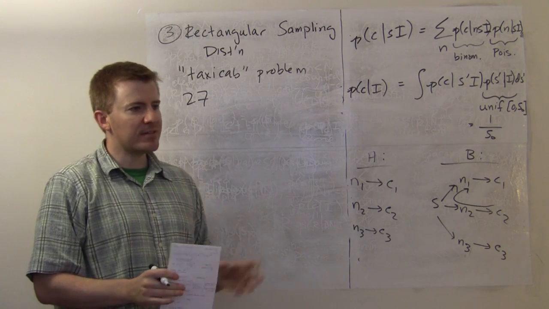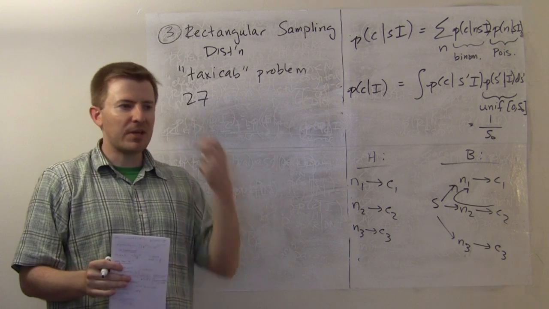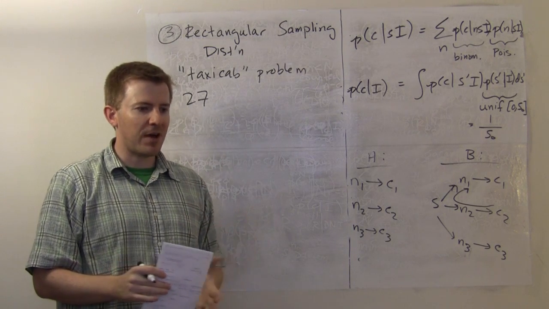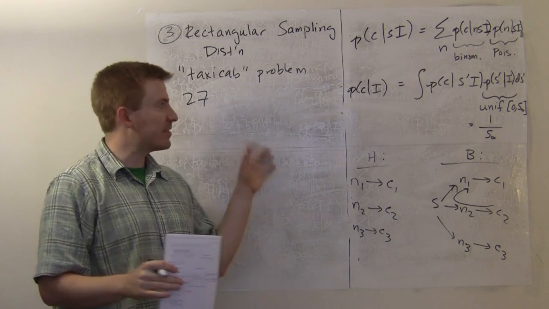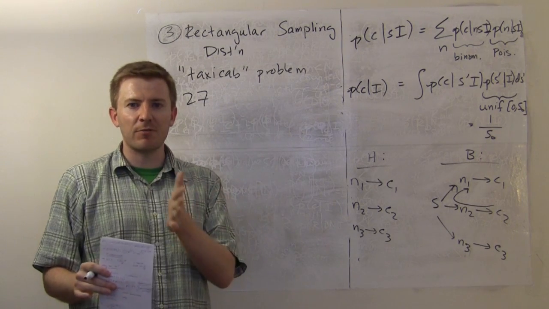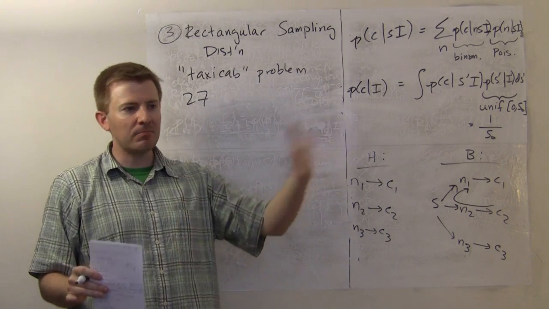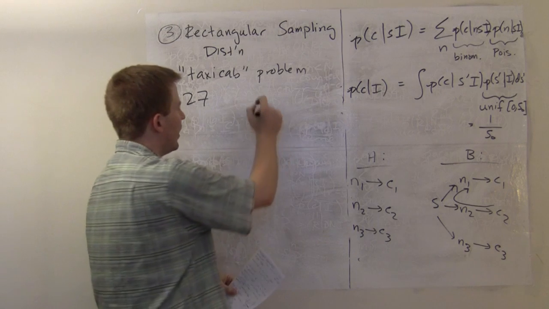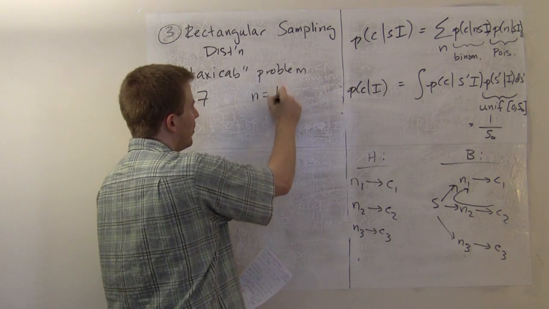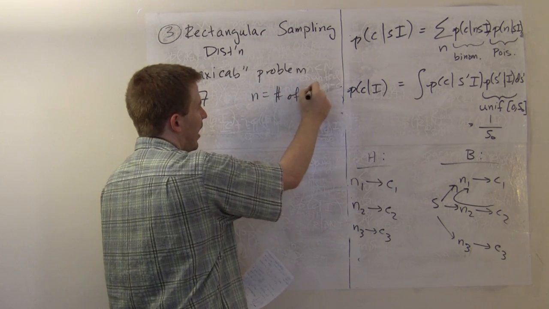Okay, and let's say that you know, because of your knowledge of how cabs work, that these taxis are numbered sequentially starting from 1 to some maximum number for that town, but you don't know what that is. Okay, so n is the number of cabs in the town.